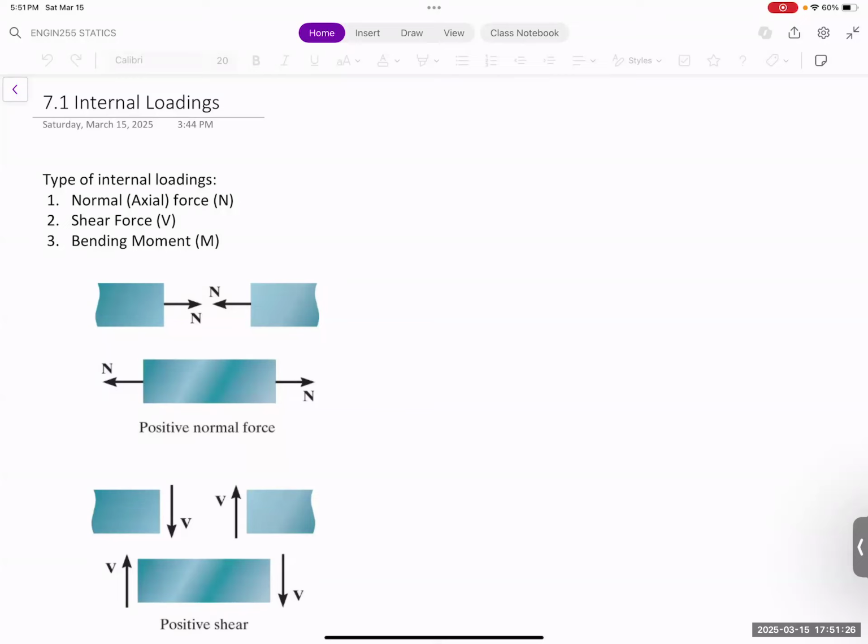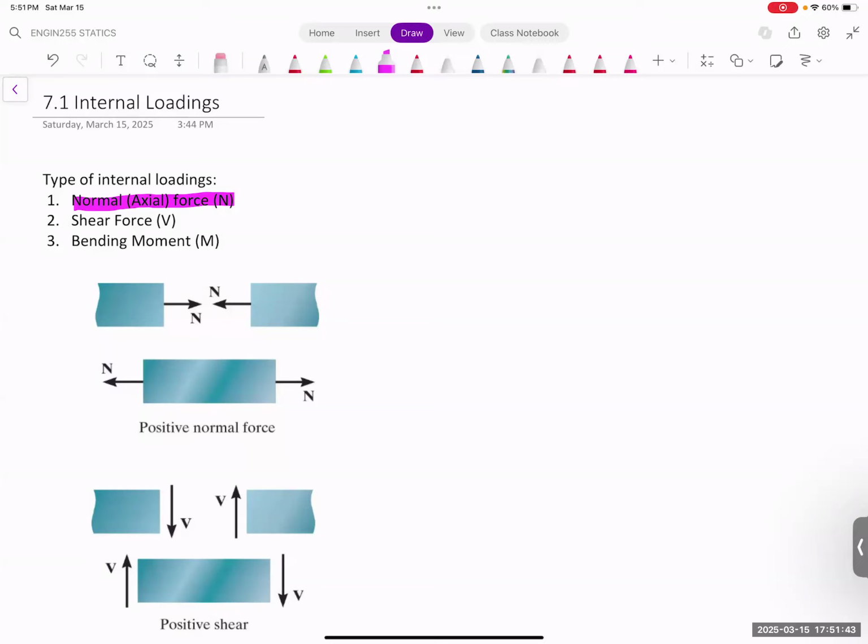In the first video, we introduced the three internal loadings that you need to know in this chapter. These include the normal force, which is a force along the length of the member. We also call this axial loading.